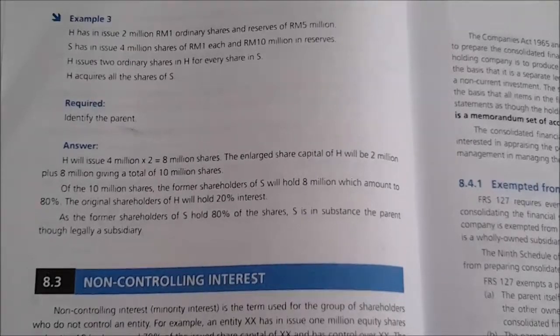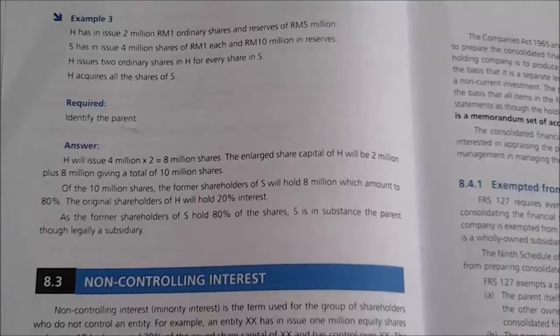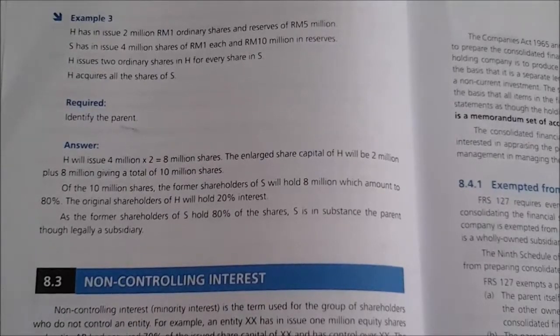S has 4 million shares of RM1 each and 10 million in reserves. Now H issues 2 ordinary shares in H for every share in S. So H acquires all the shares of S.